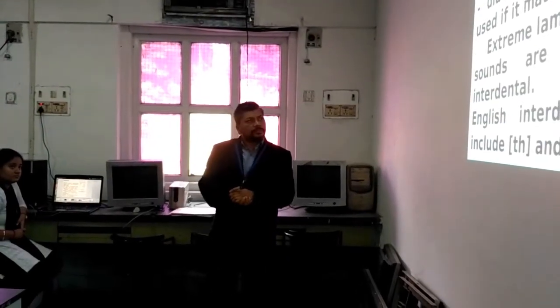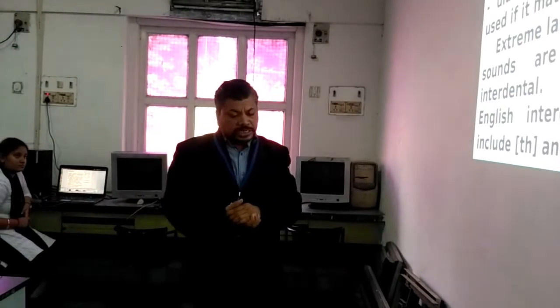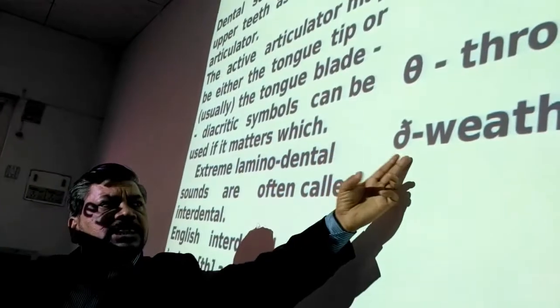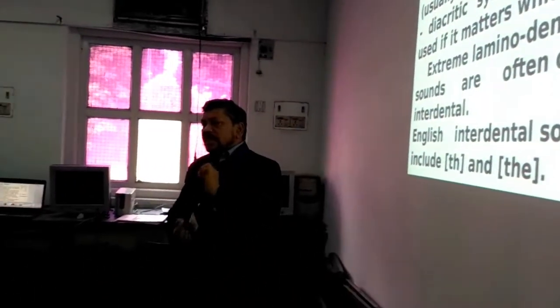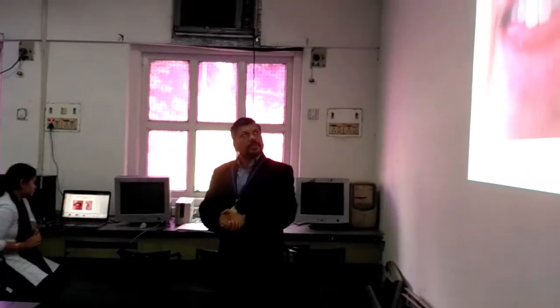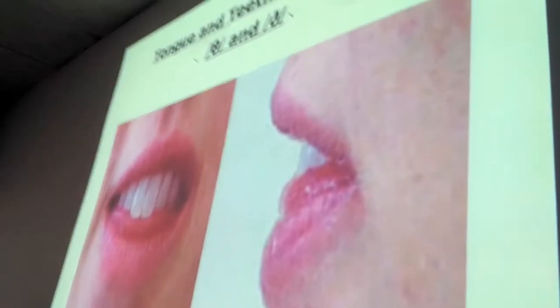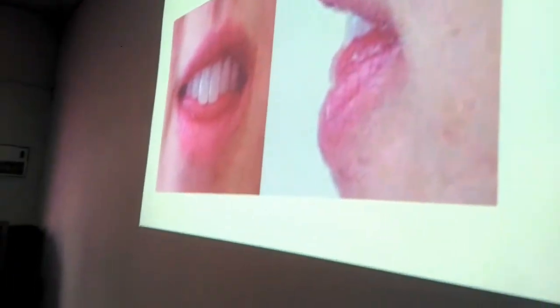Dental sounds include th and the, as in throw and with. Next slide, please. This is the mouth formation of tongue and teeth position for the th sounds. Next, please.